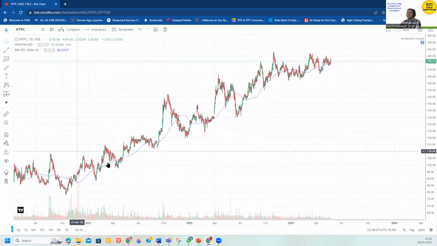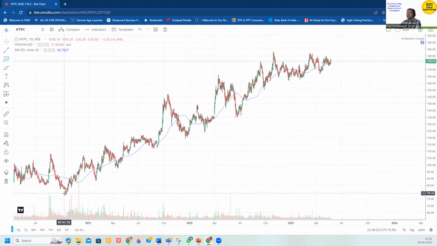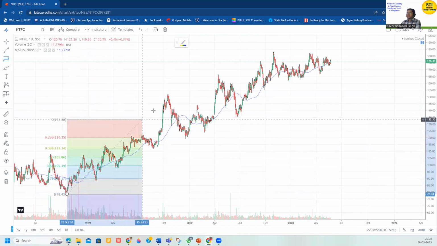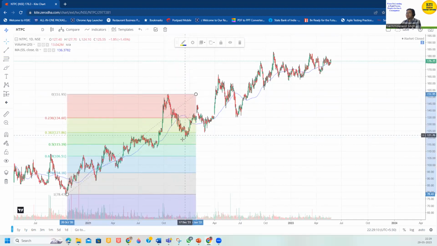So let's say, for Fib retracement, from here to this price level, it is moving up. So I'm just putting one first point here and the second point on the top. And if you can see here also, from the top it has retraced, but the retracement level is not 50%.